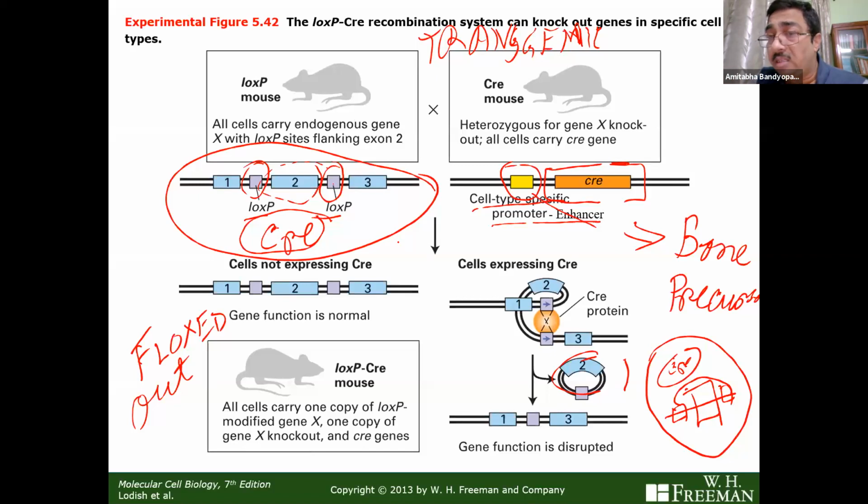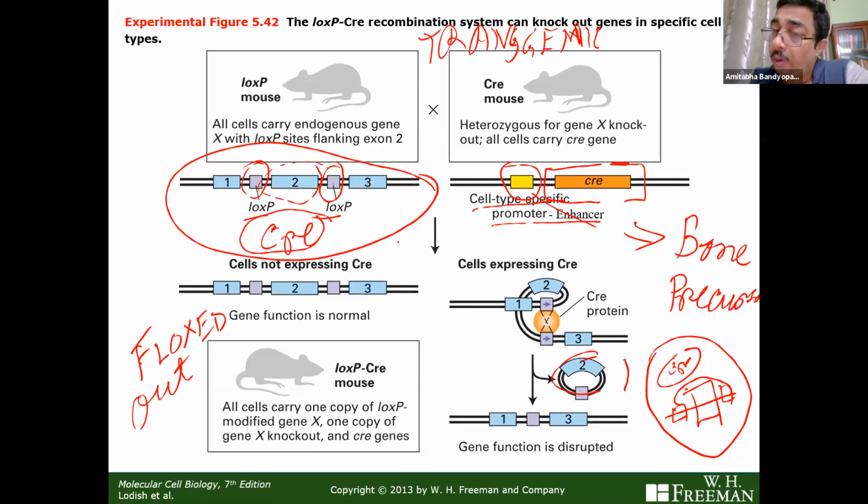Now, this knock-in mediated Cre generation has a problem. When you are knocking in, you are knocking out an exon, right? So say you are knocking in at the locus of gene X, then it will become heterozygous for gene X. If lowering the dosage of gene X has any phenotype on its own, then that might complicate your analysis.